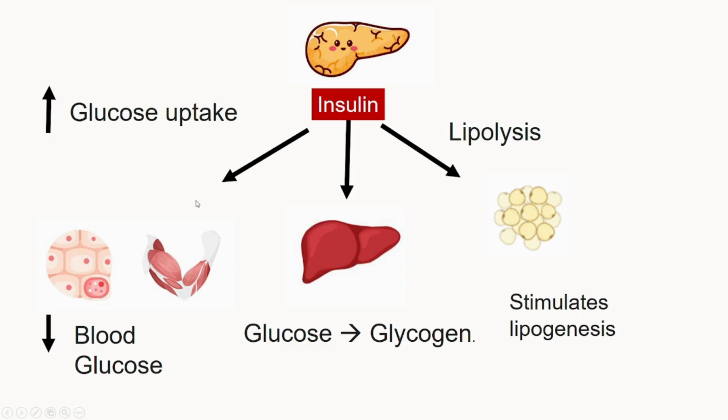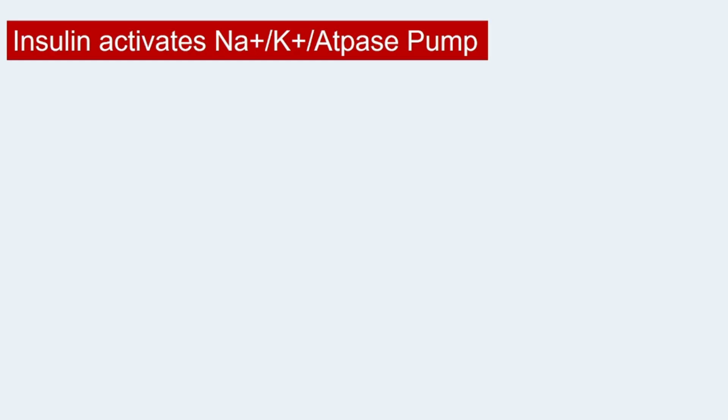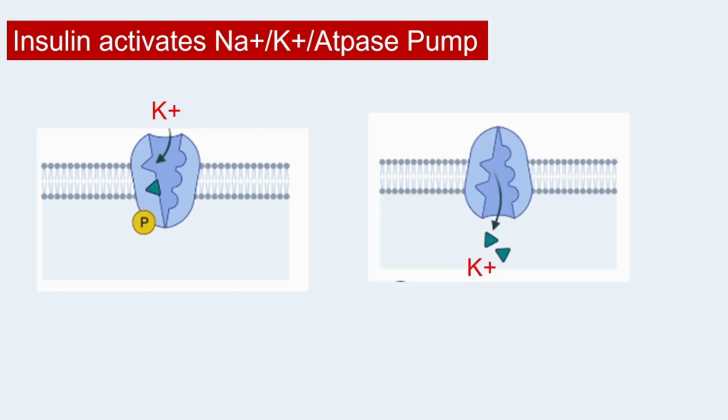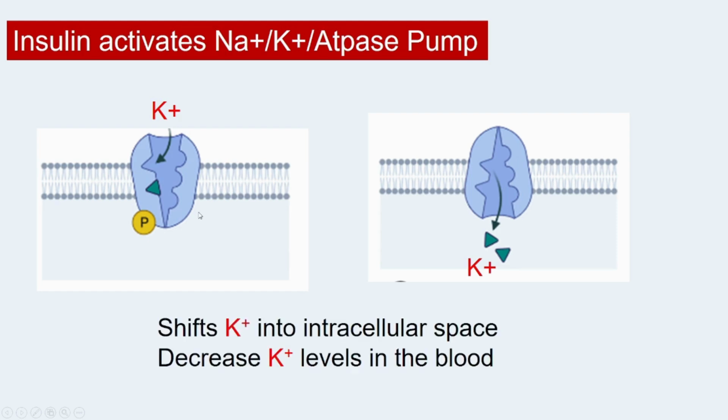So basically, it stimulates lipogenesis, like formation of triglycerides and fatty acids. And this also helps in protein synthesis. Another important function of insulin is that it activates the sodium potassium ATPase pump. That helps potassium enter the cell, transporting it from the extracellular to the intracellular spaces.